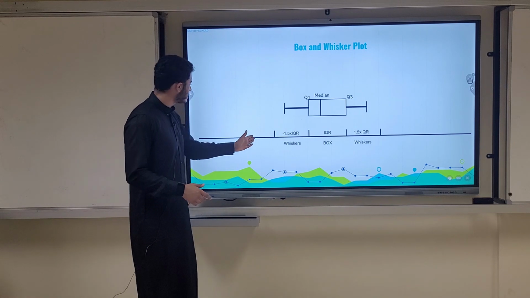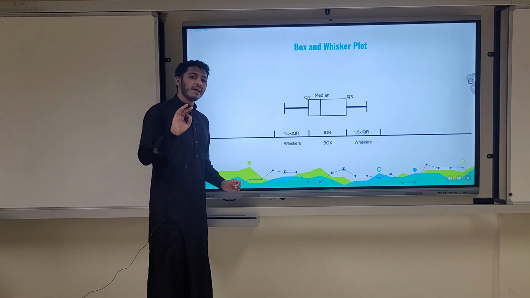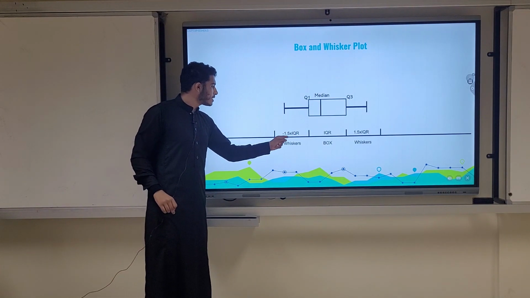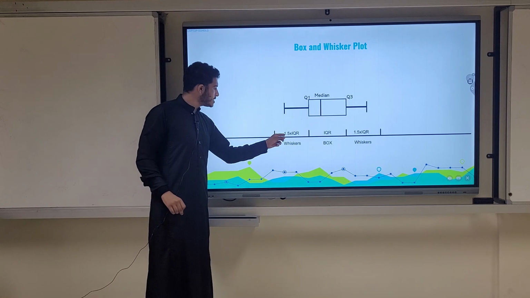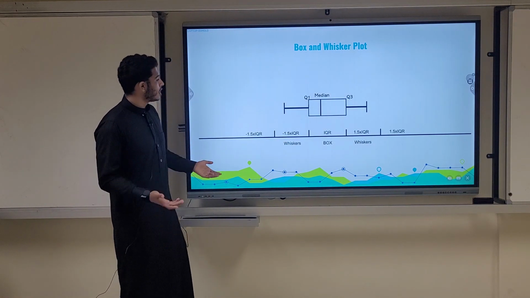So what if we have a point that is outside of this place? We also have a region for them by the exact same process. We get this bound: for the lower bound, we subtract 1.5 IQR and we get the outlier bound.